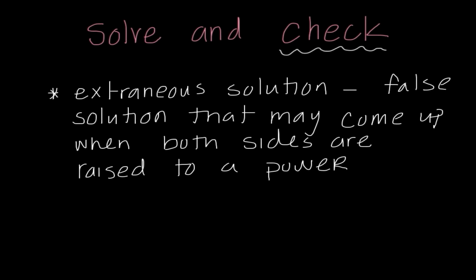So if originally I just had x and then all of a sudden I square both sides, there could be adding in a degree of 2, which could create an extra solution that doesn't actually work. So basically, once I get my answers, I need to double check them in the original equation to make sure that they are indeed solutions.